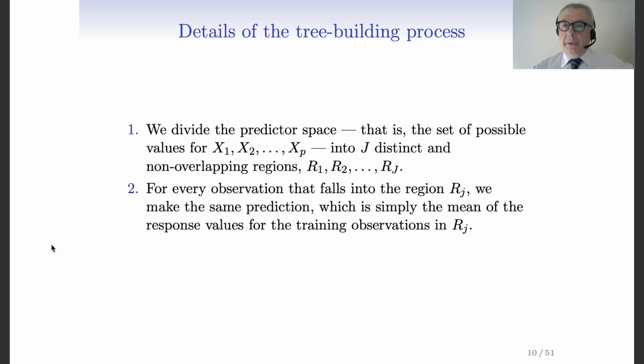So the space where the predictors live is partitioned in regions that cover all the space and are distinct, so the intersection between 2 of them is empty. And the idea is that for every observation falling in one region, we will make the same prediction.